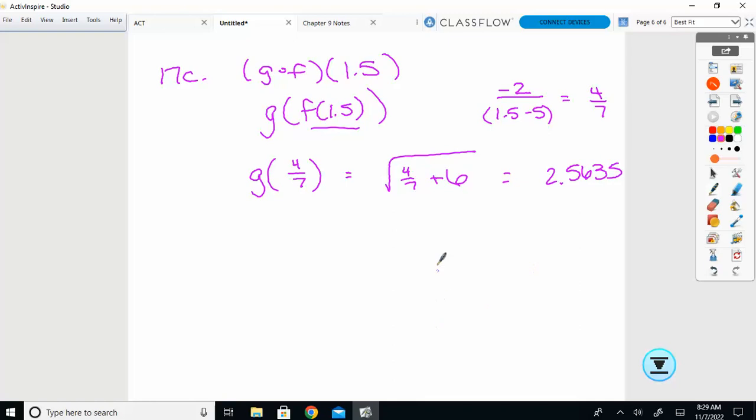you get 2.5635, that's fine. If you kept the fraction and just simplified, so you get the square root of 46 over 7, you could get the radical off the bottom.